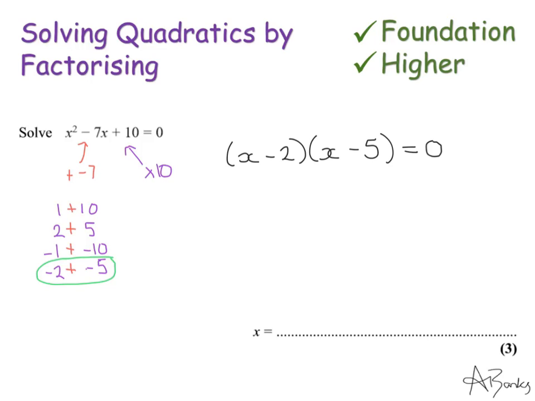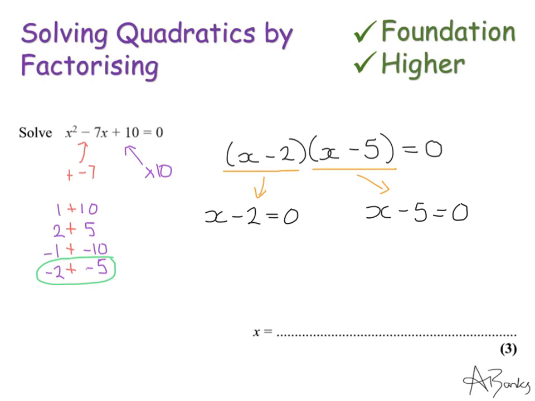That's the only way of having two numbers multiply to make 0. So in this situation, either this bracket here is 0, so x minus 2 is 0, or this bracket here must be 0, so x minus 5 is 0.